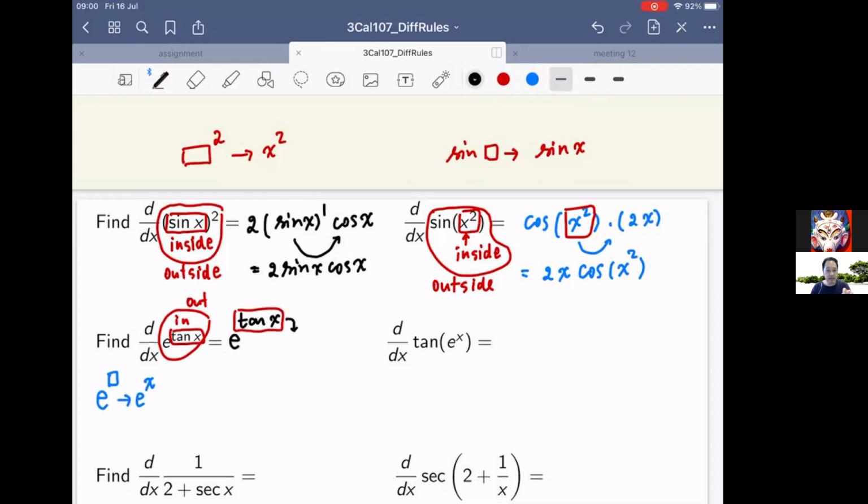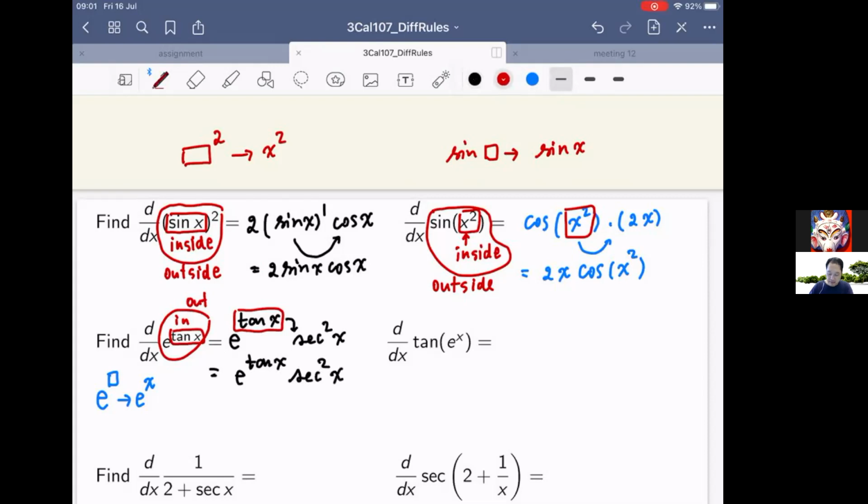It has to be multiplied, so you write it carefully. The one multiplied will be on the same line as e, not multiplied with the exponent. The derivative of tangent is secant squared, so this becomes e to the tangent of x multiplied by secant squared of x.